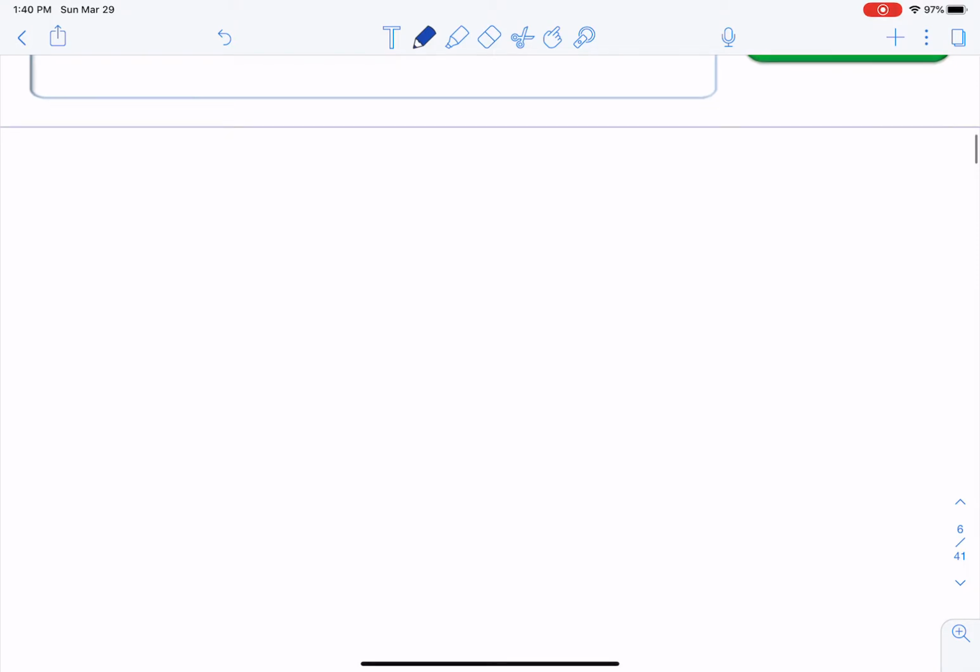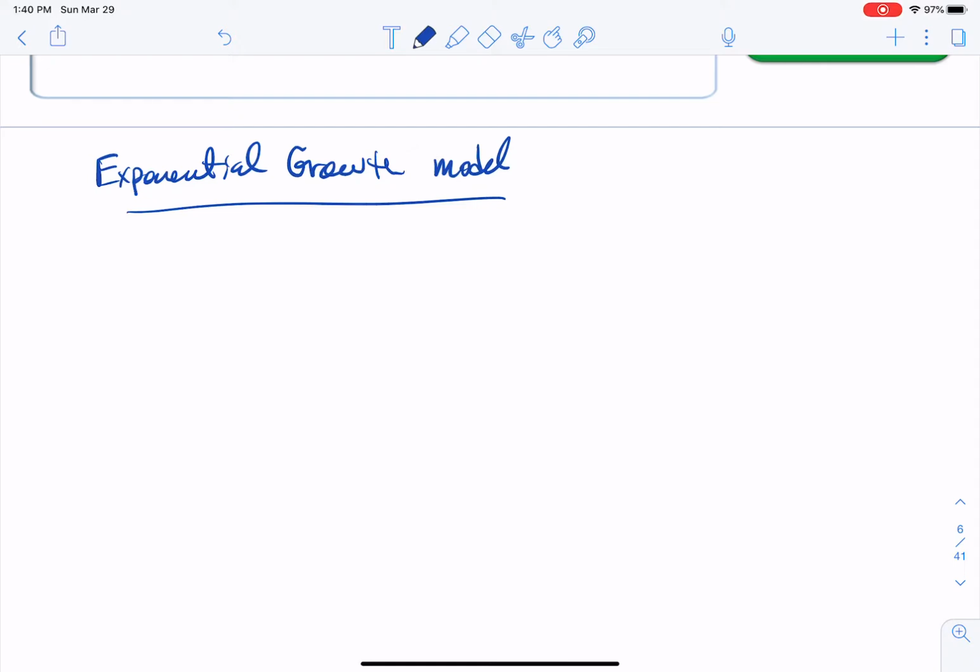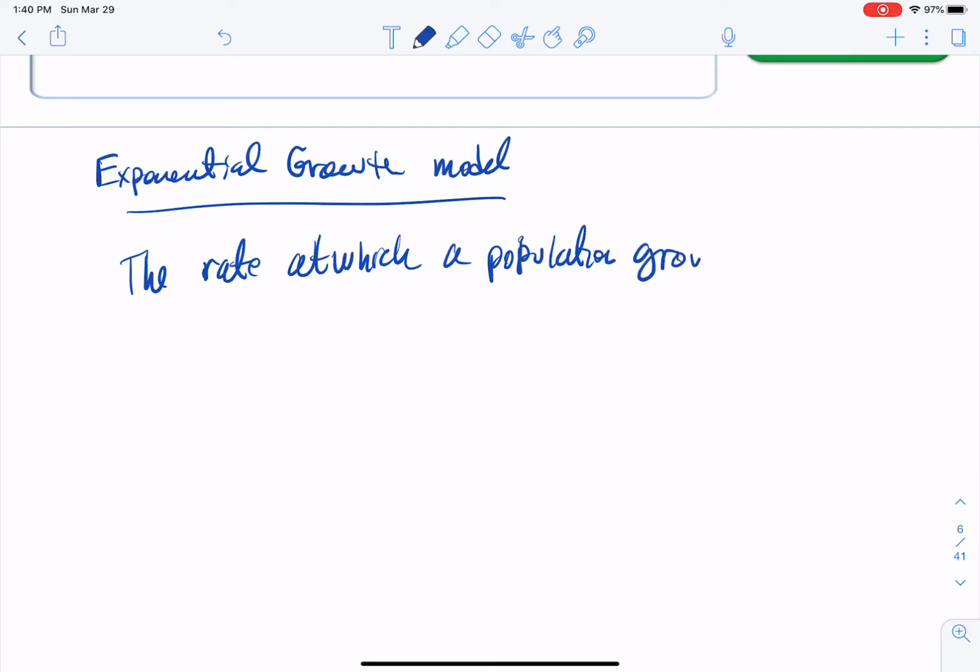Okay, so for this exponential growth model, we've got the following assumption. We are assuming that the growth rate, or the rate at which a population grows, is directly proportional to the population.